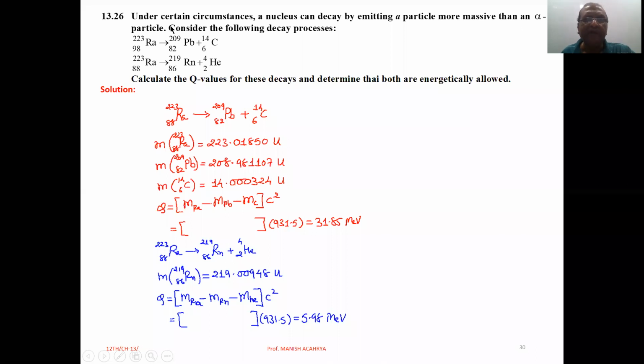13.26. Under certain circumstances, a nucleus can decay by emitting a particle more massive than an alpha particle.